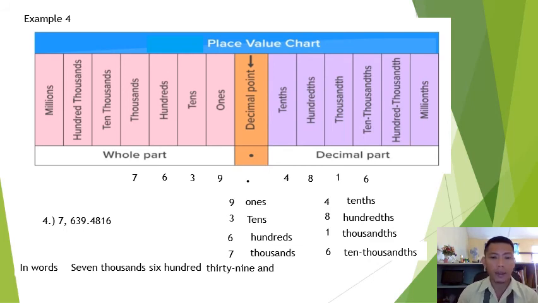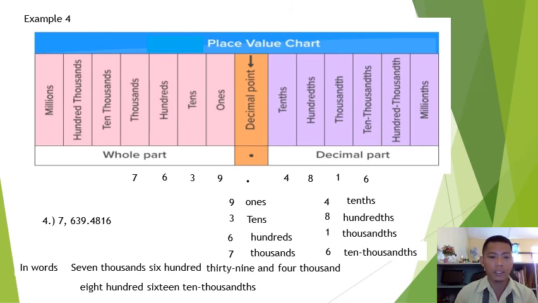We'll put "and" as the decimal point, and for the decimal number 4,816, we will use ten-thousandths, since the place value of the last digit 6 is ten-thousandths.